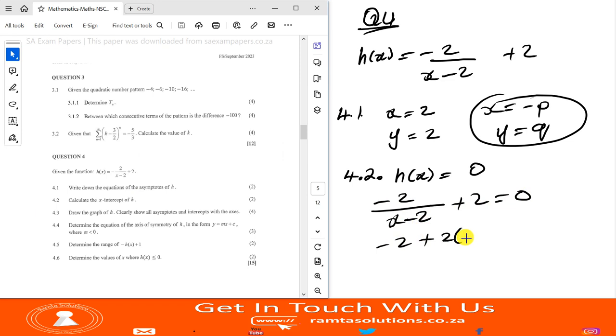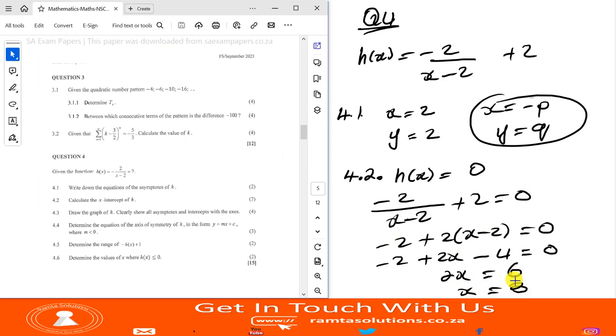We have -2 plus 2x minus 4 is equal to 0. So 2x is equal to positive 6. Therefore, x is equal to 3.